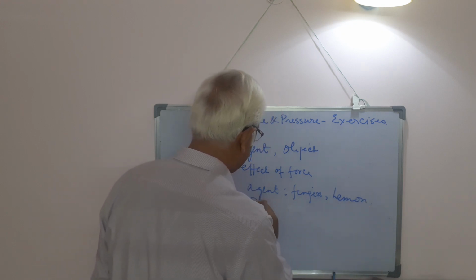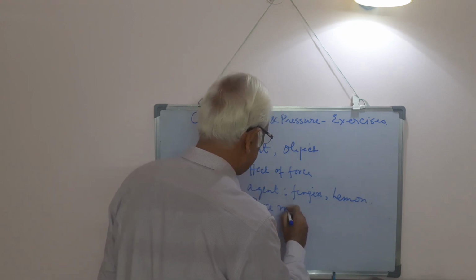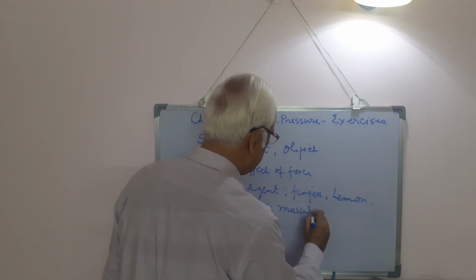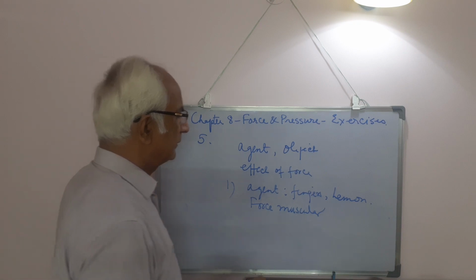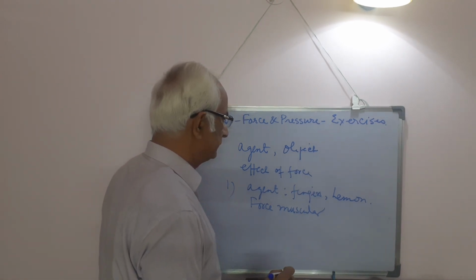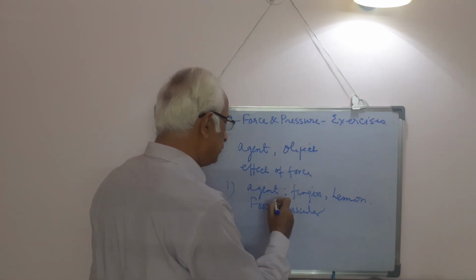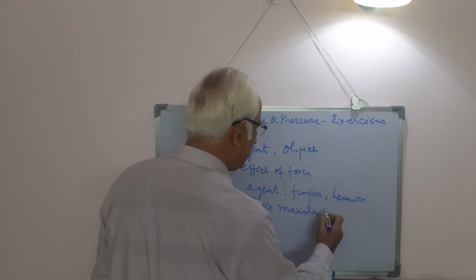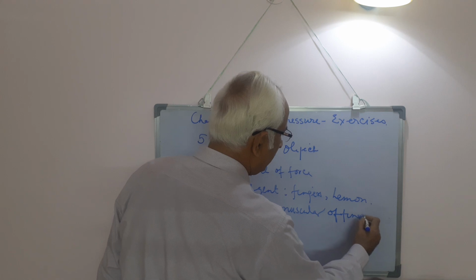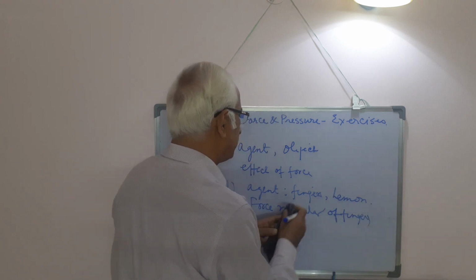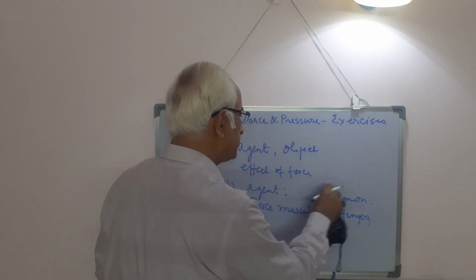Force is muscular. So you can even say the agent is muscular force of fingers. You can even write this way. Muscular force of fingers, that is the agent, and the object is lemon.